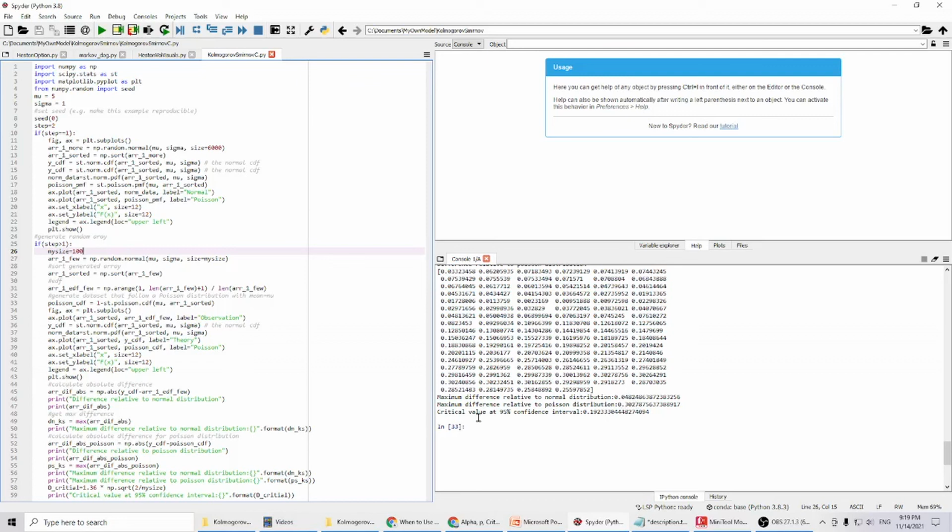And the critical value is 0.19. So we can reach the conclusion our sample data is coming from the normal distribution, because the maximum difference relative to the normal distribution is much smaller than our critical value, while for the Poisson distribution, the maximum difference is much larger than the critical value.